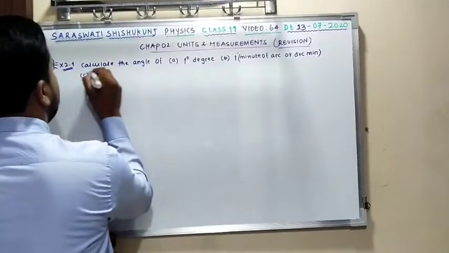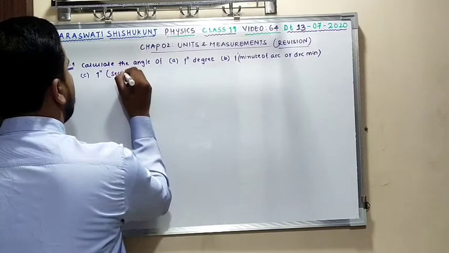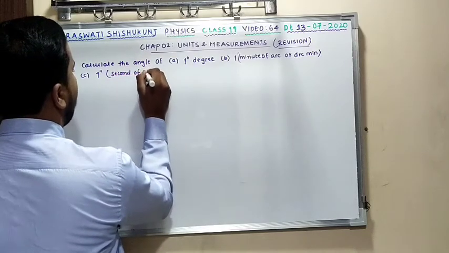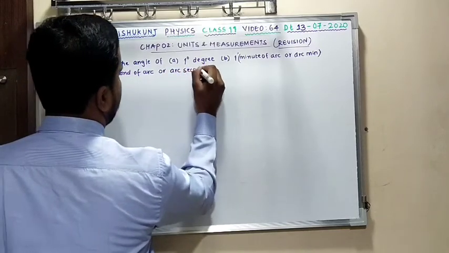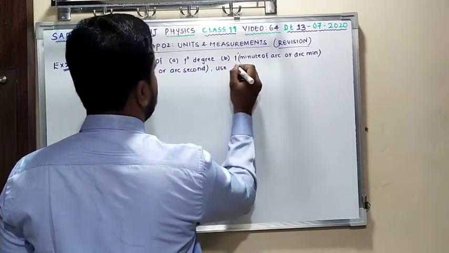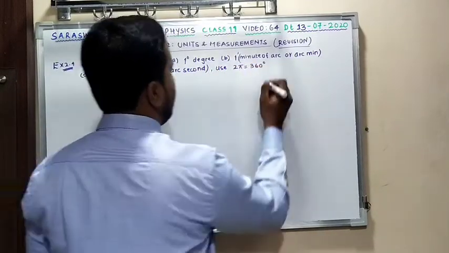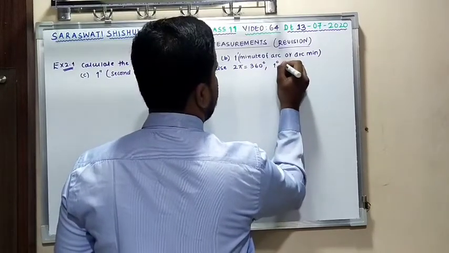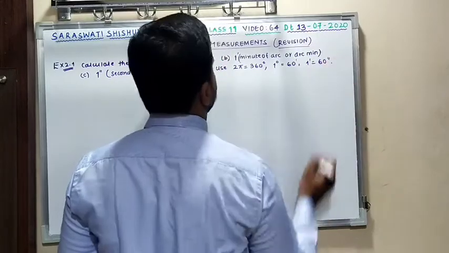Third thing they are asking, 1 second, second of arc or arc second. Use, they are saying use 2 pi that is equal to 360 degree. Also they are saying 1 degree is 60 minutes and 1 minute is 60 seconds.